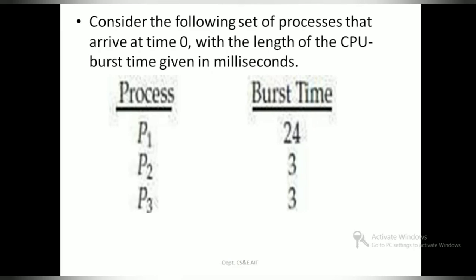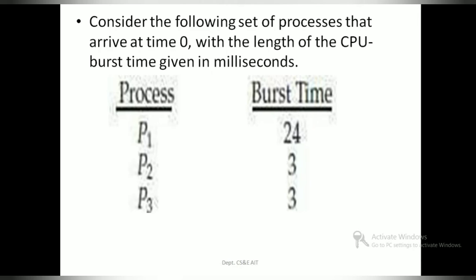Out of that 24 milliseconds, only 1 millisecond shall be executed and 23 milliseconds is still remaining. But because the time quantum has expired, now the CPU shall be taken over by the next process, that is P2.